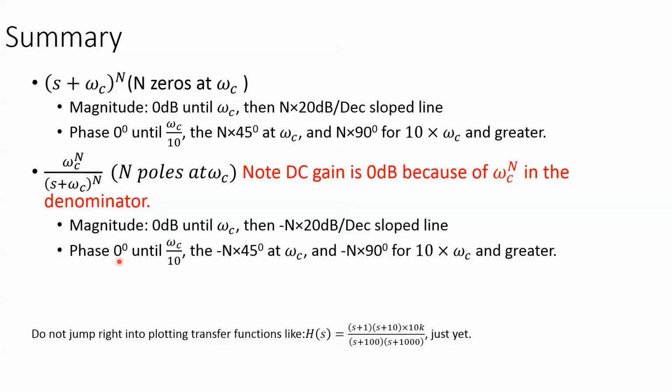For the phase, we start off at 0 degrees. When we get to the cutoff frequency divided by 10, right? Then when we're at omega c, it's minus n times 45. When we get to 10 omega c, it's minus n times 90. Now this is just enough to get you started. You really probably want to see the next video before you start plotting more complex Bode plots.